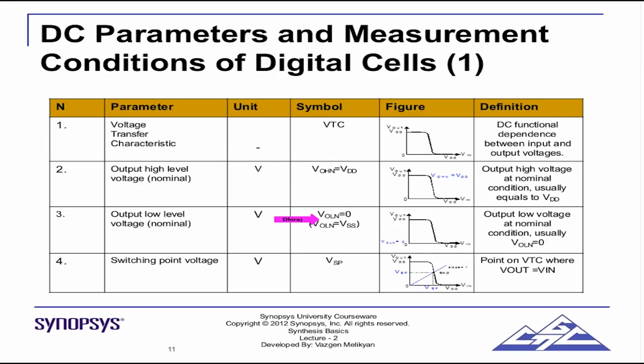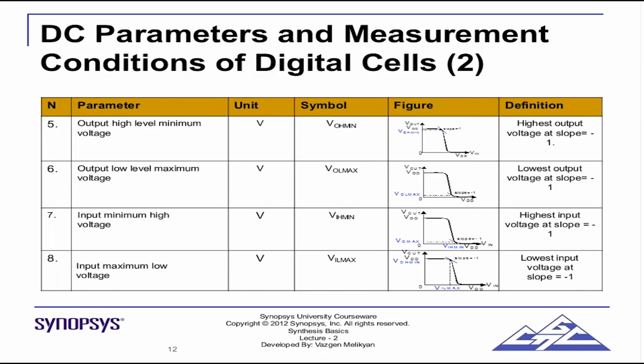It is represented by VOL N. There is something called switching point voltage, which is the 50% mark where V out is equal to V in. For a perfectly balanced inverter, V out equal to V in will happen at VDD by 2 at this place. So it is called switching point voltage.